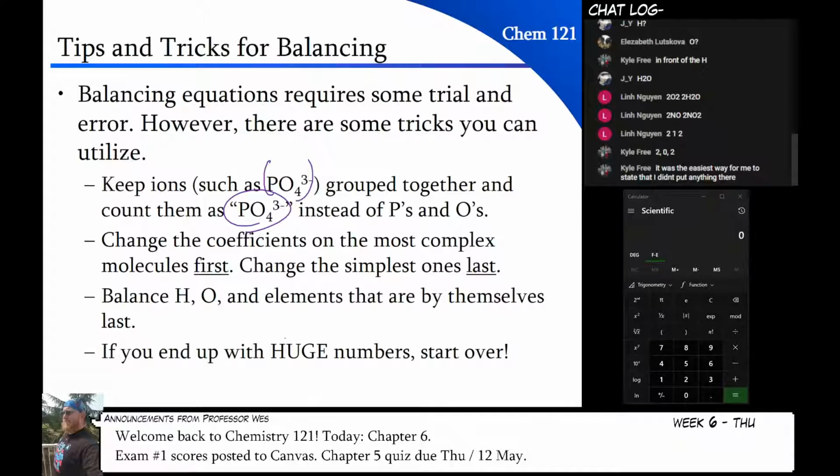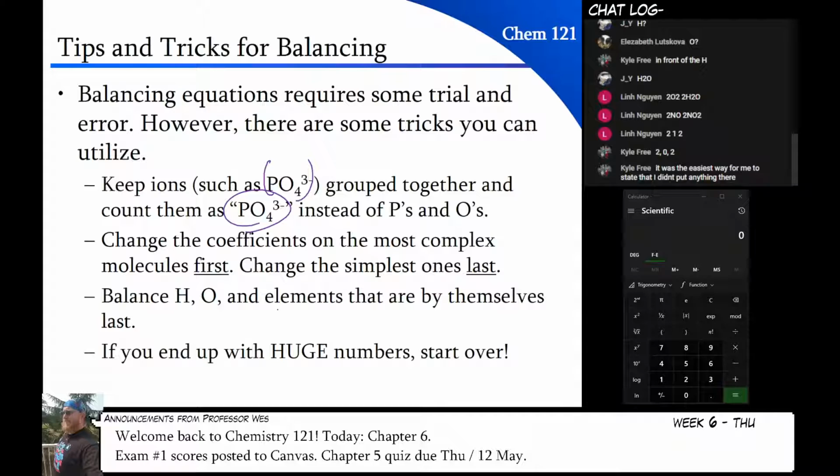And then my last bit of advice is if you end up with gigantic numbers, erase everything and start over. The reason that you may end up with gigantic numbers is because of a math error. If you make a math error and that keeps propagating through your calculations, i.e., you have oxygen in 2 places, but you just keep missing one and you don't remember to add it in there, then you will never get a balanced equation.